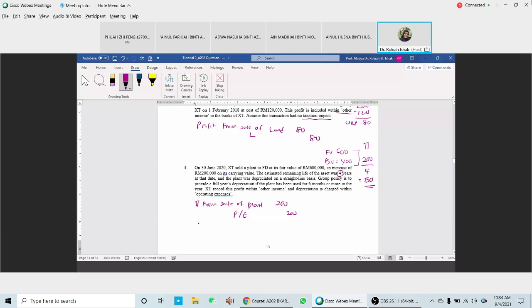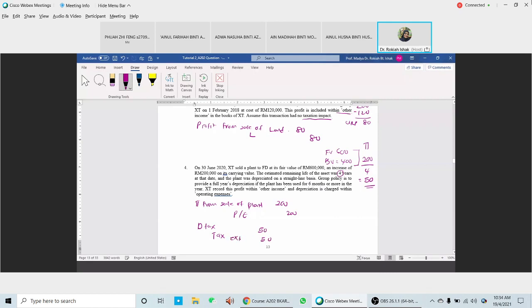Then you need to calculate the deferred tax because it doesn't mention anything about no taxation impact. So you just calculate the deferred tax and credit tax expense. 200 times 25%, so you're going to have 50 and 50 here.